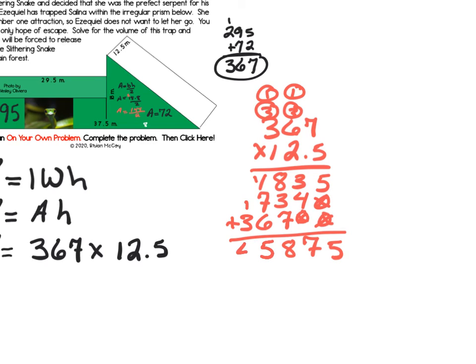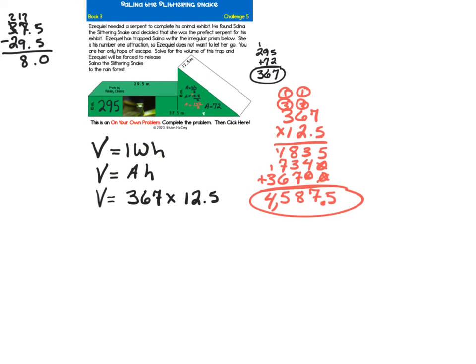And 1 plus 3 is 4. And right here you've got 1, which means I bring that down and add my decimal right there. And then I come over here and add my comma. And right there you have it, 4,587.5.